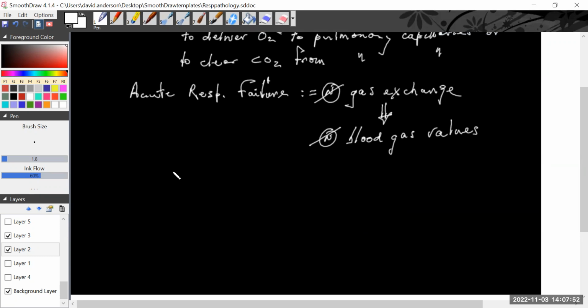So if our PaO2 is less than 60, and you know we're measuring in millimeters of mercury, right? So that when that's described as an insufficiency or a failure, and the PaCO2 is greater than 50.